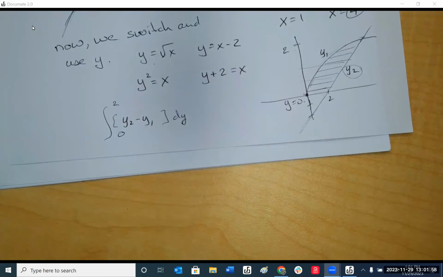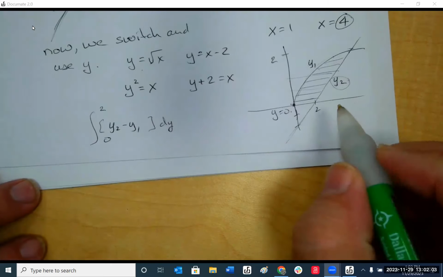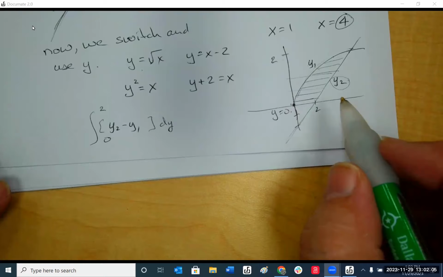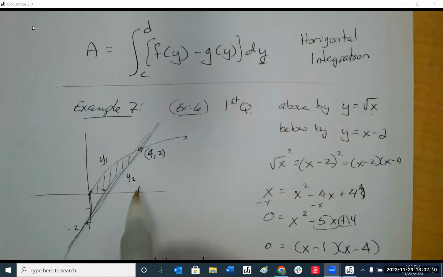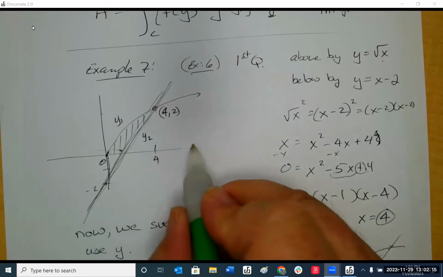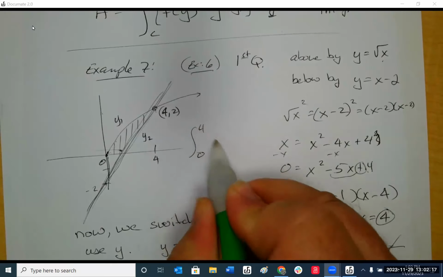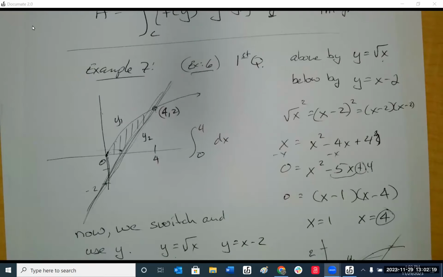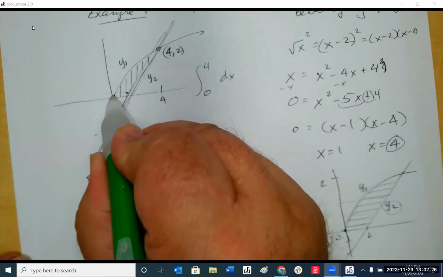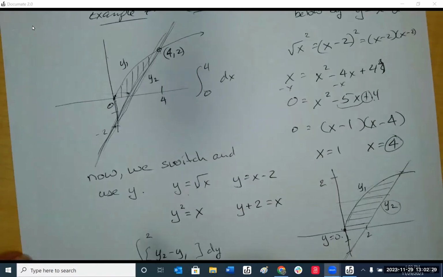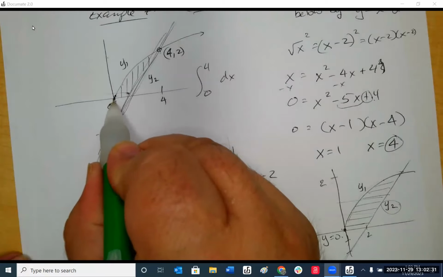Wait, so why are we using 0 and 2 as our bounds of integration and not 1 and 4? Oh, because 1 and 4 are between 0 and 4. That was used for our dx. It's not 1 to 4, it's 0 to 4 because the radical x starts at 0 and goes on.